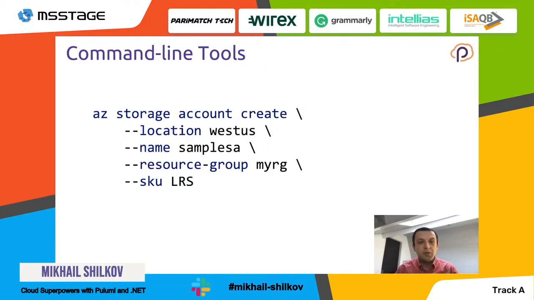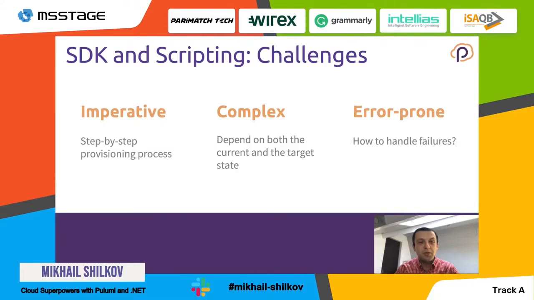If you come from a more operational perspective, you might be using something like command line tools or PowerShell scripts to do effectively the same tasks, and that's the same level of abstraction where you issue one command and it gets translated to one API call. There are a bunch of issues with this approach though.